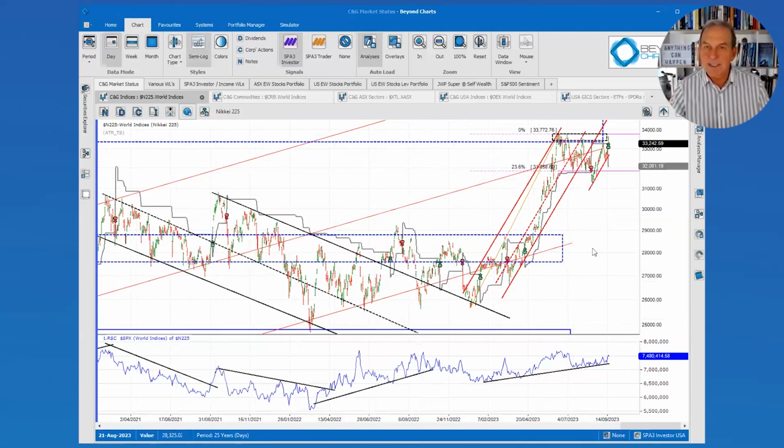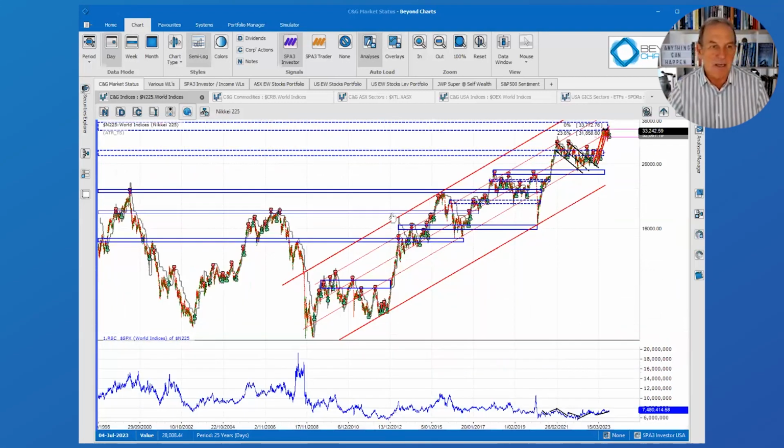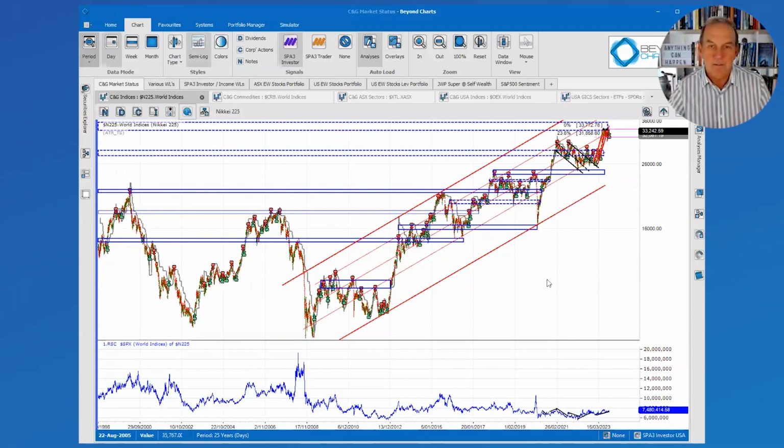Okay, just one last international index I want to look at, and that is the Nikkei. If you go back and look over a long period of time, I'm just going to go to all data so we can get the 1989 peak in here as well. Well, we'll just zoom in at the moment.